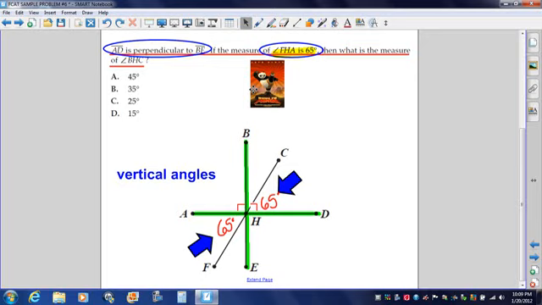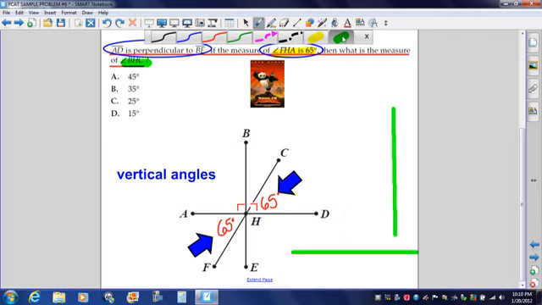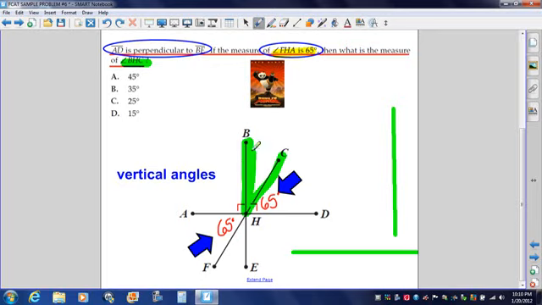Nice. So let's go back and see. They want me to find angle BHC. So I'm going to slide this over and slide this over. Angle BHC. Right here is what I'm asked to find.